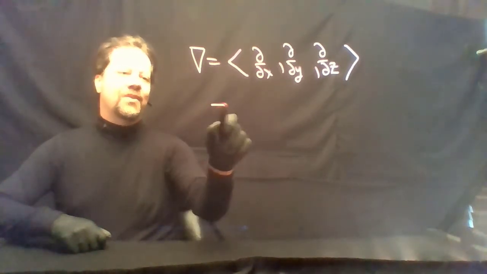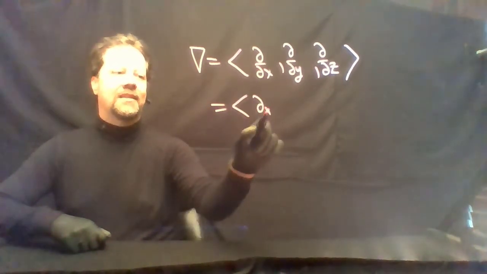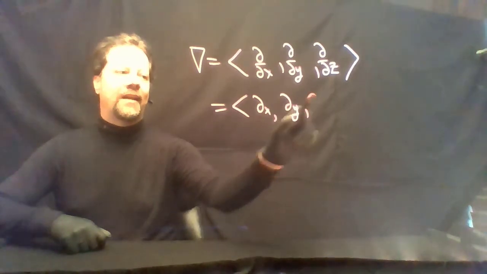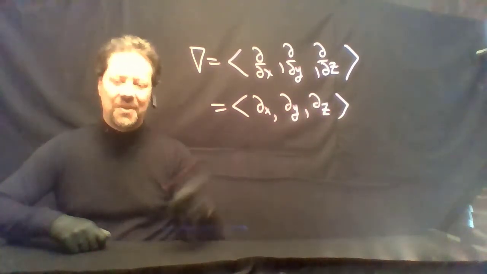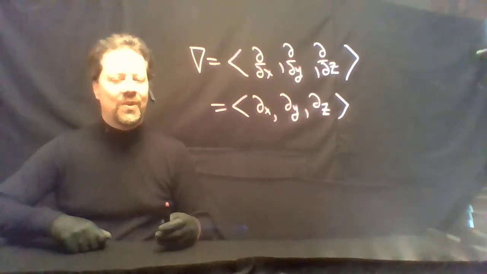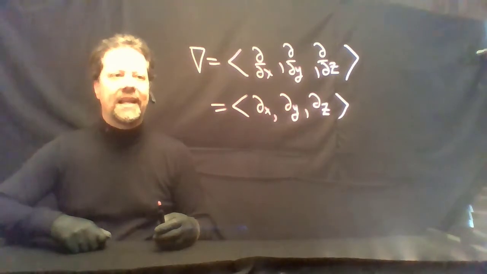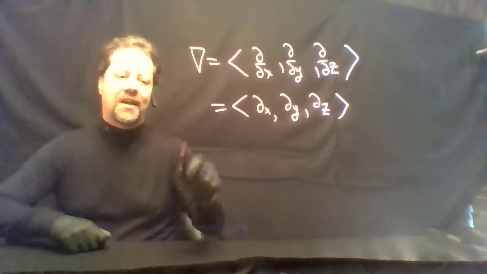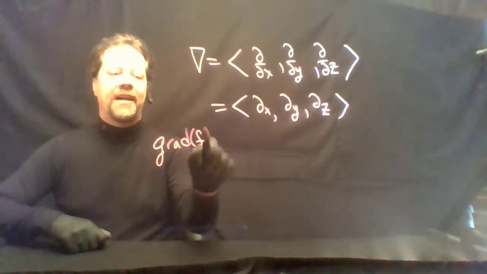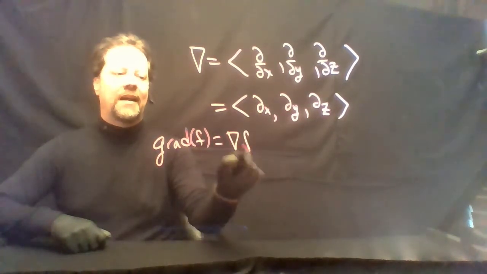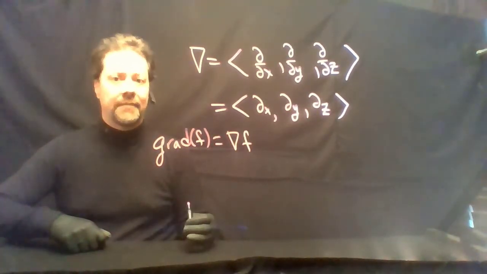We can also write this as d/dx, d/dy, d/dz. Just because we're lazy, we'll do this for short. We're going to introduce two new operations. We already know that the gradient can be expressed in terms of this operator. Grad of f is del applied to a scalar potential f.